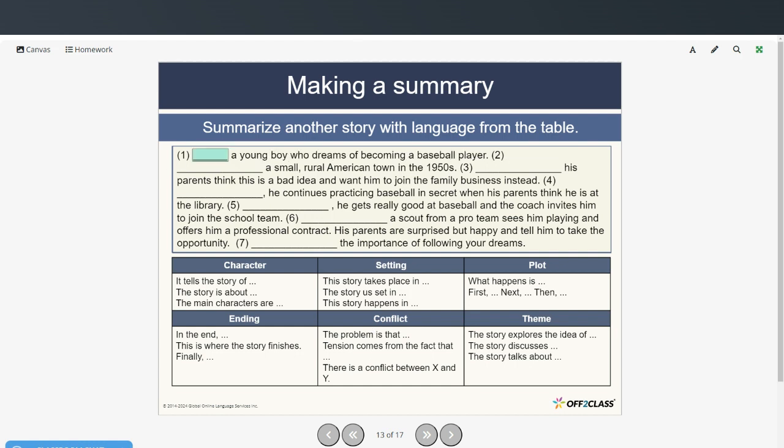All right, so number one, the story is about a young boy who dreams of becoming a baseball player. The story takes place in a small rural American town in the 1950s.